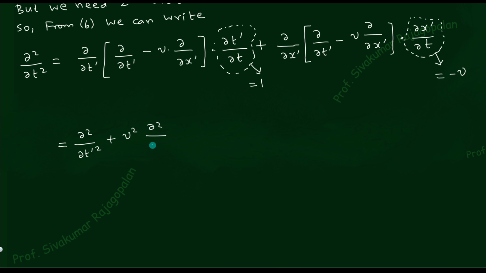There is a ∂x', so it is correct, ∂x'². Then there is a minus here, and then you have a minus v. Two similar terms are there, so I'll write 2v. Then there is a ∂², but the denominator is not common, right? One is ∂t and one is ∂x. So ∂²/∂x'∂t' will come like that. And that's all. I think all the terms are taken care of.